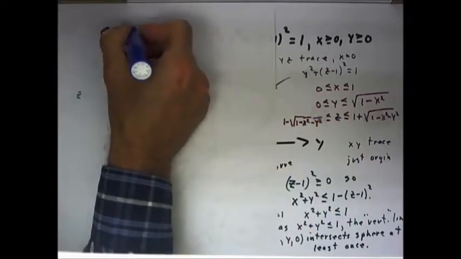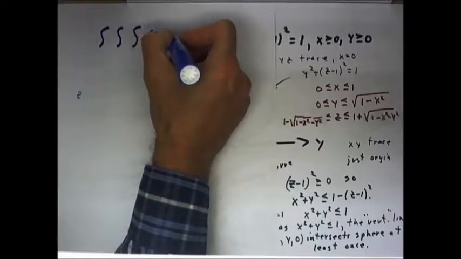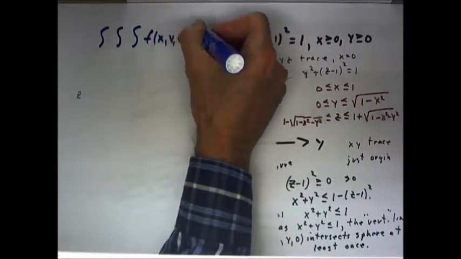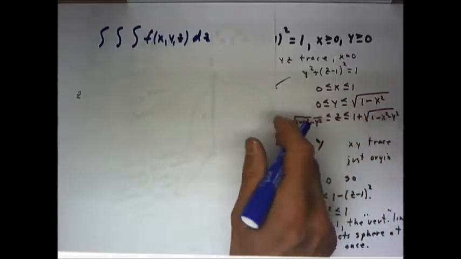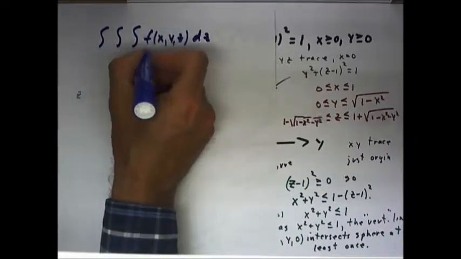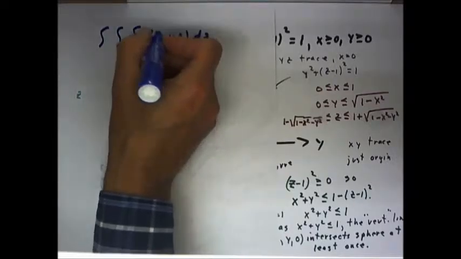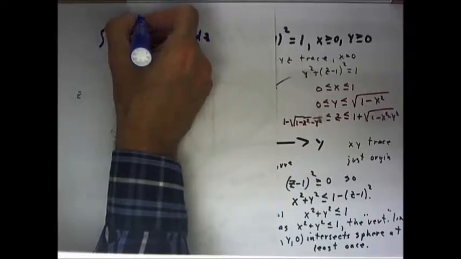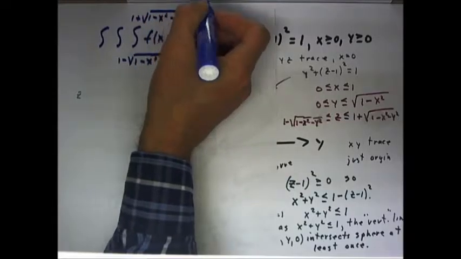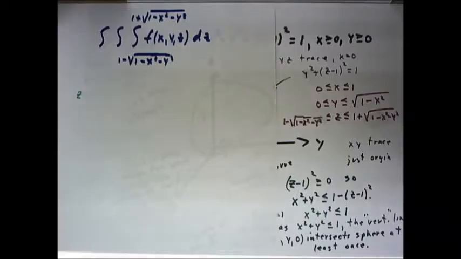So we're going to have a triple integral. If our function that we're integrating is f of x, y, z in general, then we'll integrate z first between these limits. Now the limits are 1 minus the square root of 1 minus x squared minus y squared and 1 plus the square root of 1 minus x squared minus y squared. Those are the limits on our z.